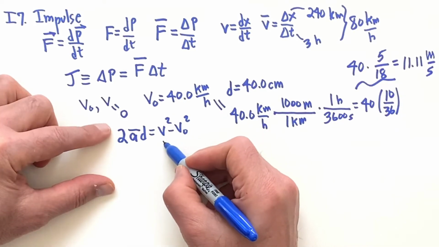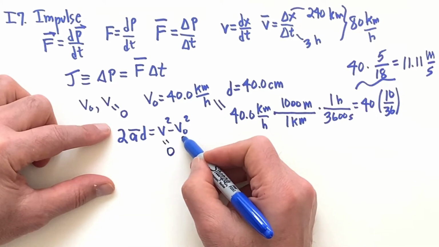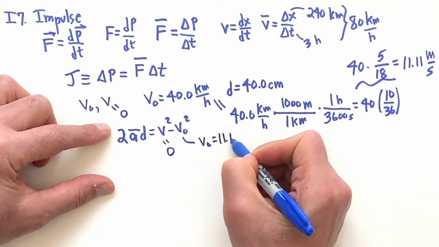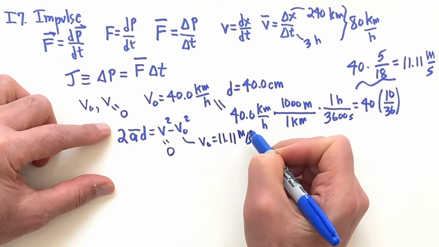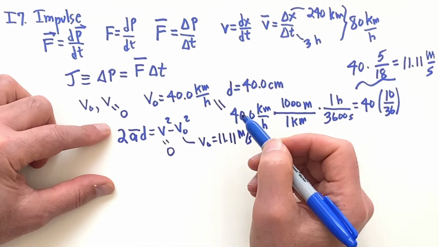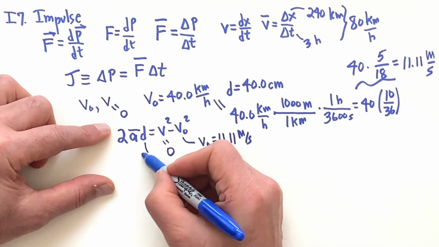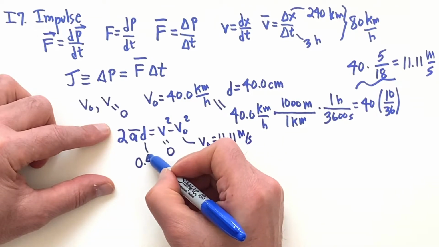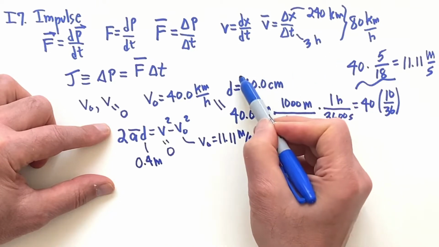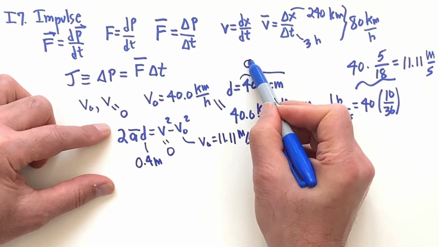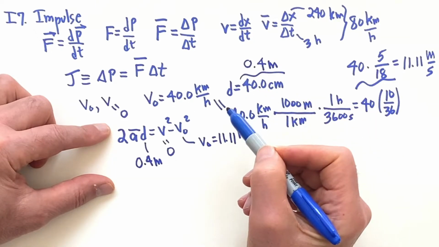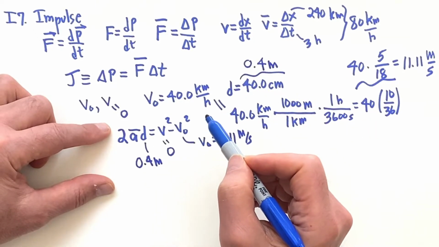So the final velocity is 0, and the initial velocity, v naught, is 11.11 meters per second. And the distance, I have my distance, so when I put in 0.4 meters for the distance, since 40 centimeters is 0.4 meters, then I can solve for the acceleration.